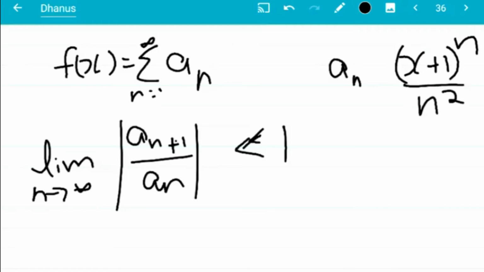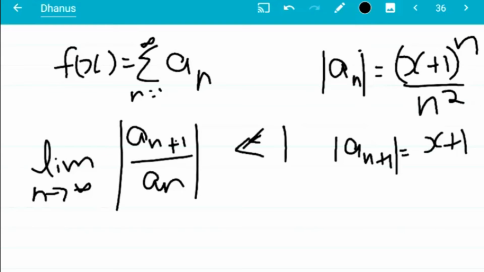Here some plus or minus is there, but I am taking mod. Mod an is equal to this thing, and mod an plus 1 is equal to (x plus 1) all raised to n plus 1 divided by (n plus 1) square.